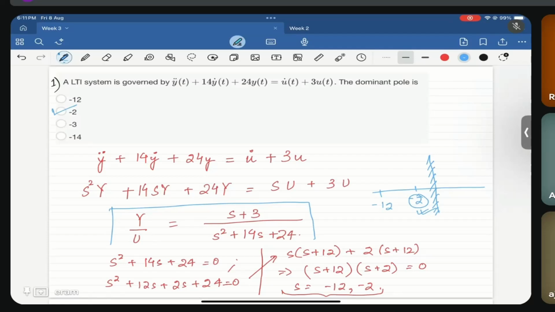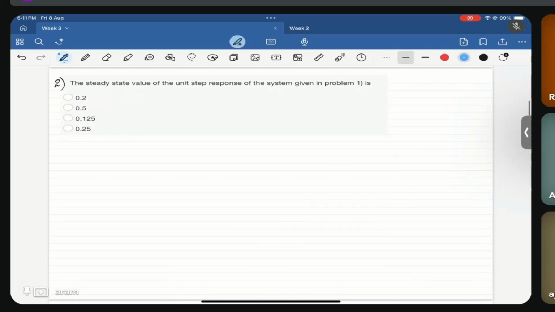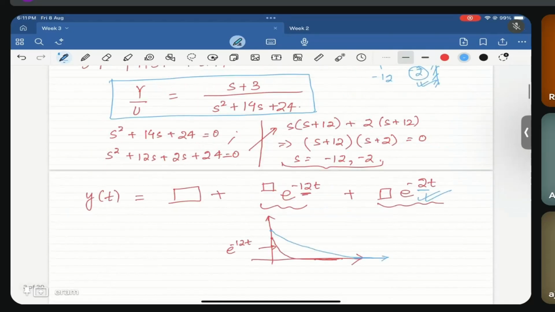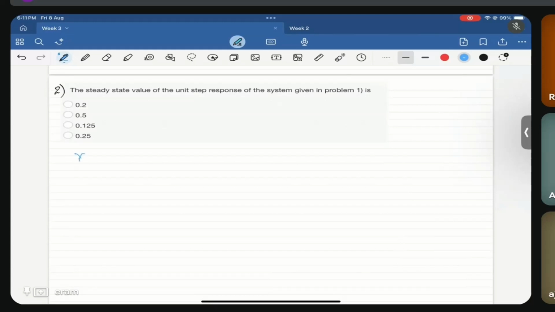So this is the transfer function, I will write it here: Y(s) by U(s) equals (s plus 3) divided by (s plus 2)(s plus 12).